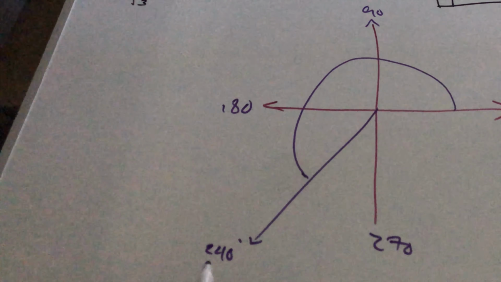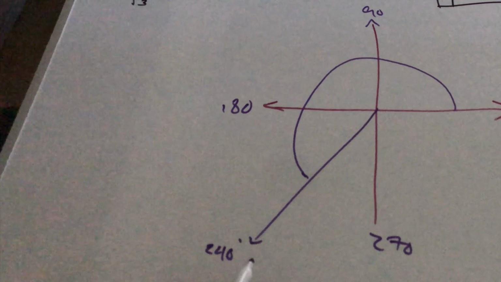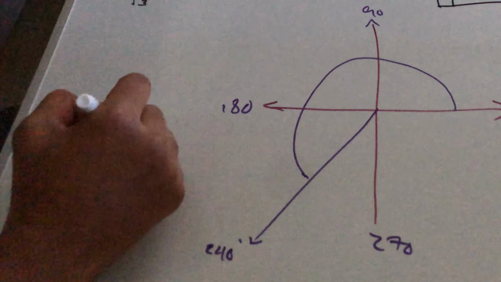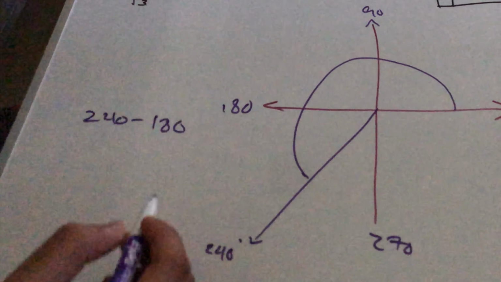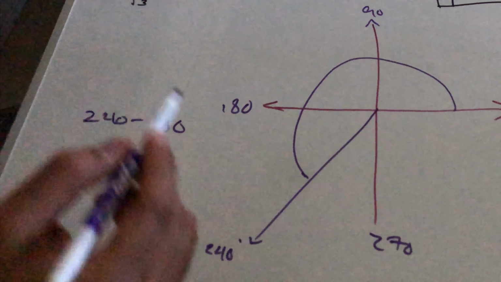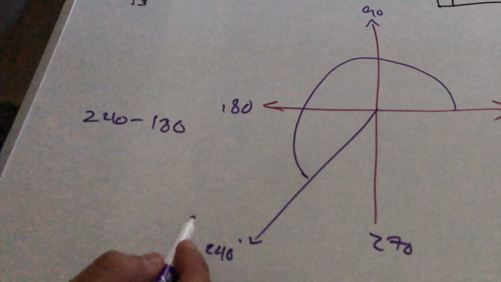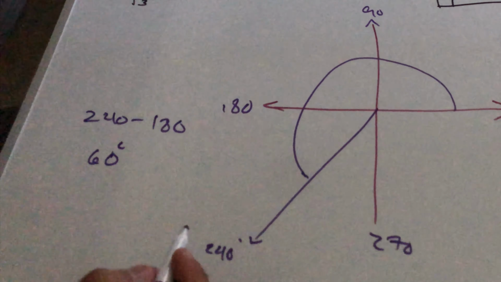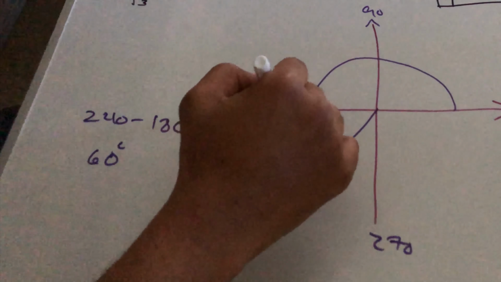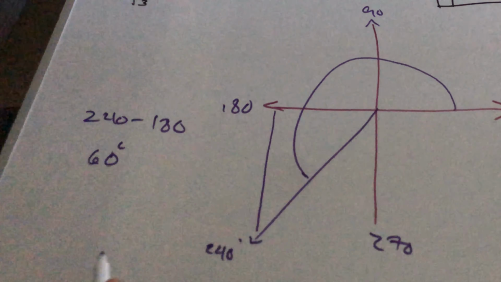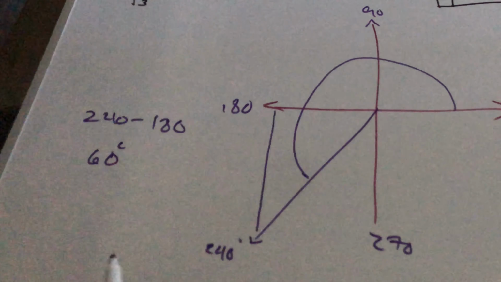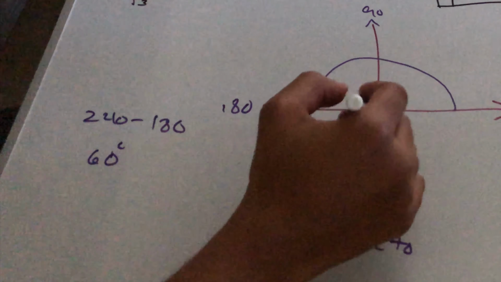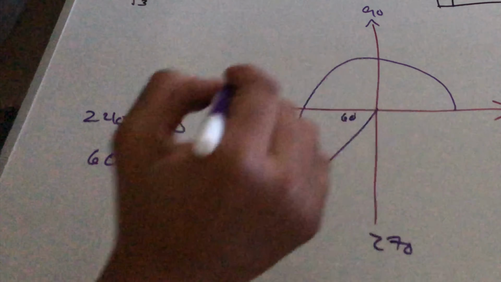Now, remember, it's in quadrant 3. So whatever quadrant 3 is, it's your angle, 240 minus 180. So your angle was 240, and 240 minus 180, you're going to get 60 degrees. So you're looking at this angle specifically right here. This is what it's going to look like. So this angle here is 60 degrees.